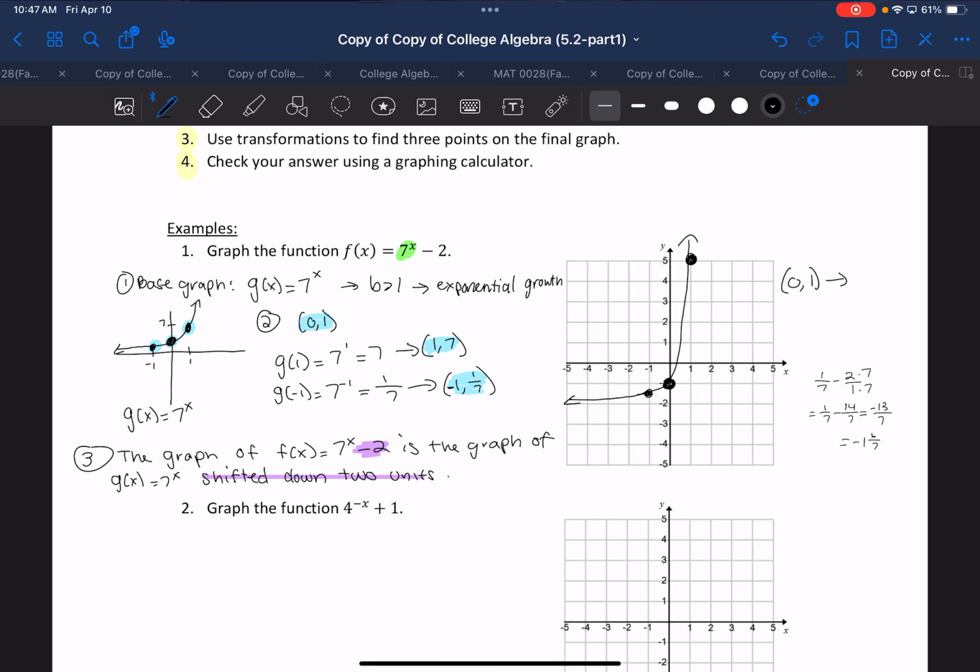And then I went from (1, 7) to (1, 5). And then I went from (-1, 1/7) to (-1, -1 6/7). So these are my new points. And these were the points from my base graph.